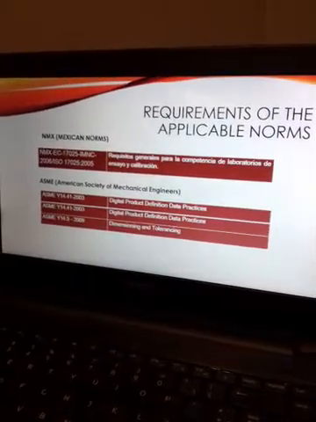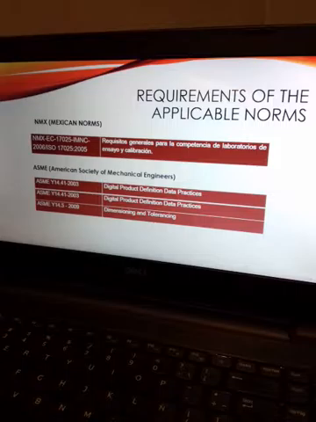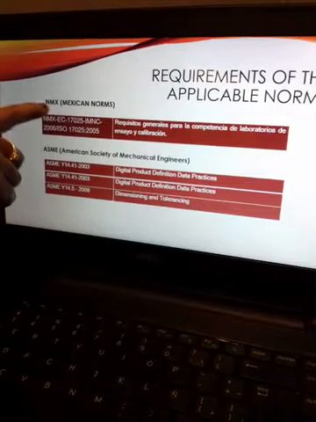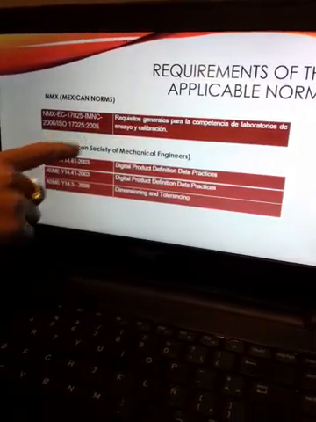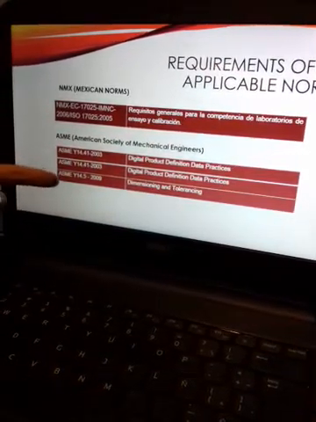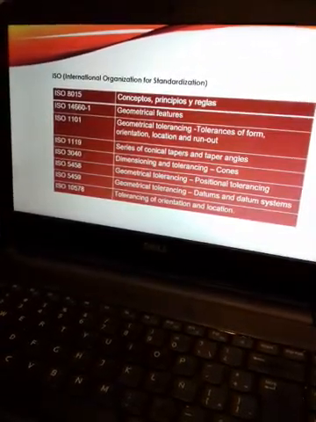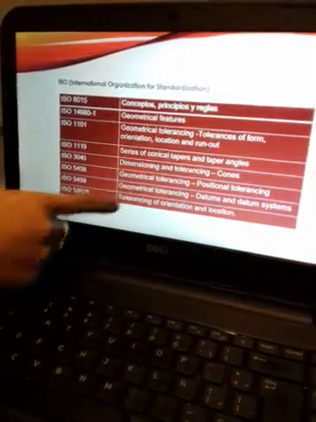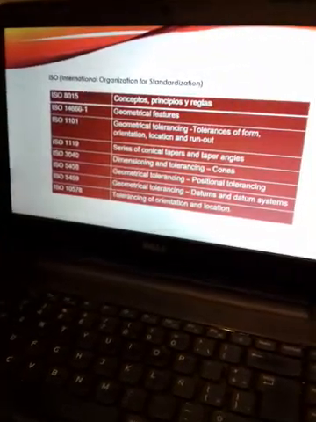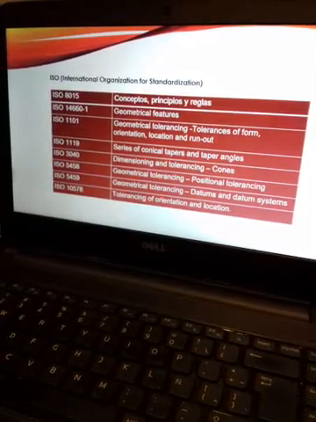The requirements of the norms applicable for the measurement of the blades in dimensionals: the Mexican norm is only one, for the ASME, American Society of Mechanical Engineers, we have three, and the ISO, we have all of this that is about the dimensional geometrical tolerance. We need to know that the tolerance is very important in the magnitude of dimension.